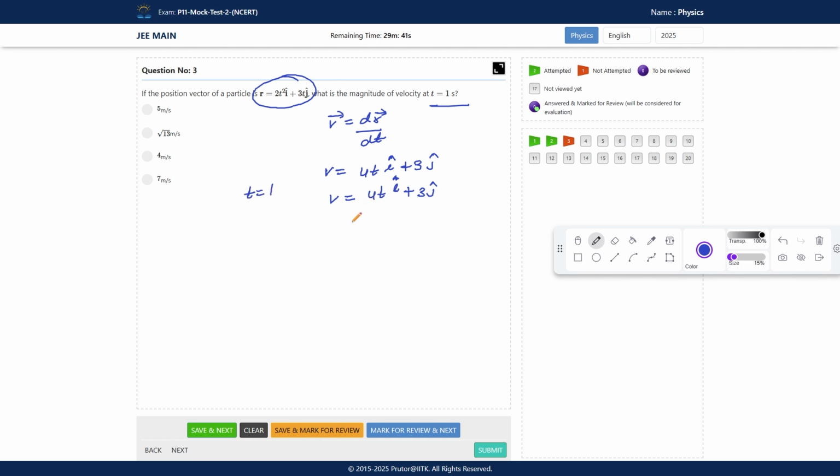You will get v is equal to 4 i cap plus 3 j cap. So the magnitude is under root 4 square 16 plus 3 square 9. So it will be equal to 25. So under root 25 means 5 meter per second. Yes or no? Good. So 5 meter per second.